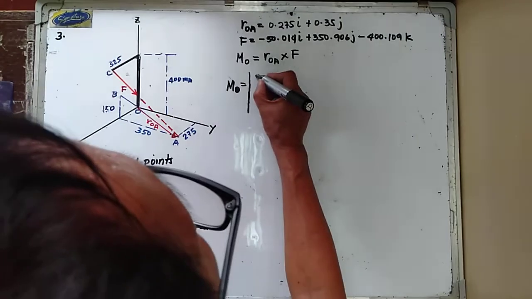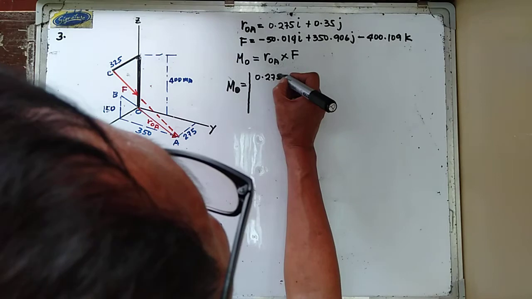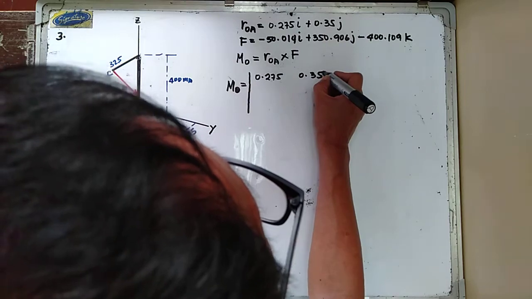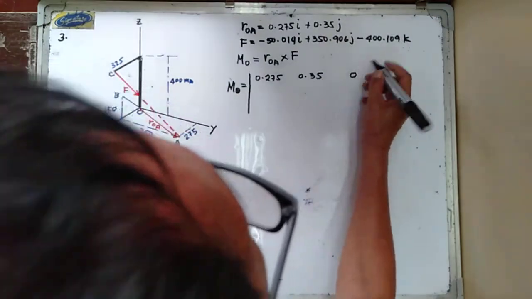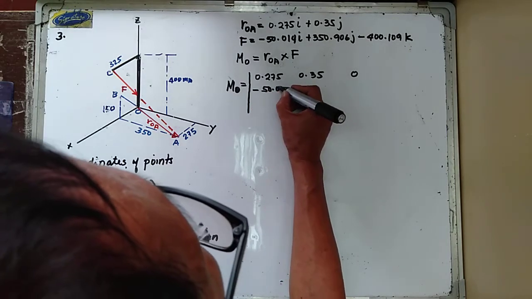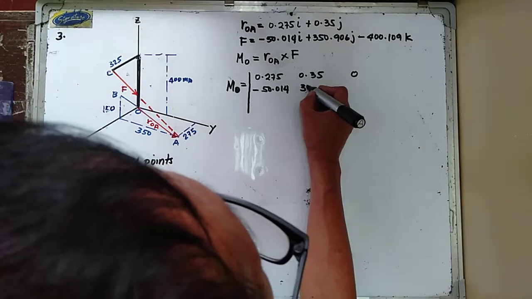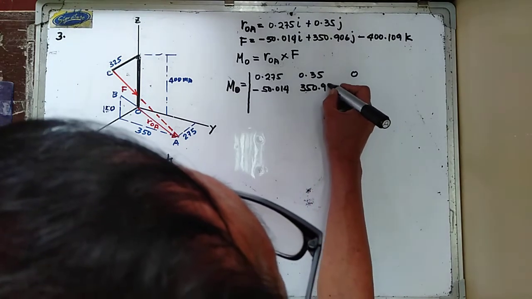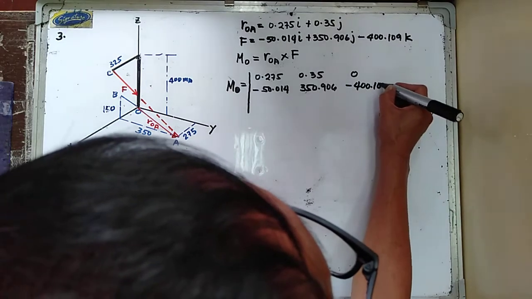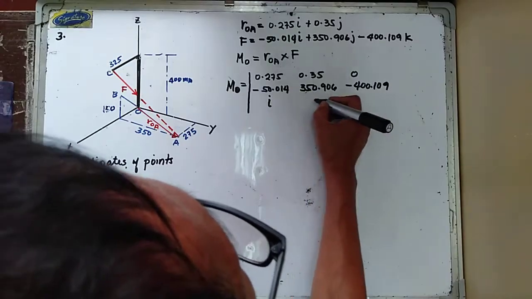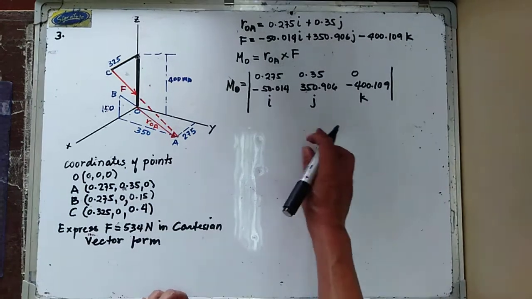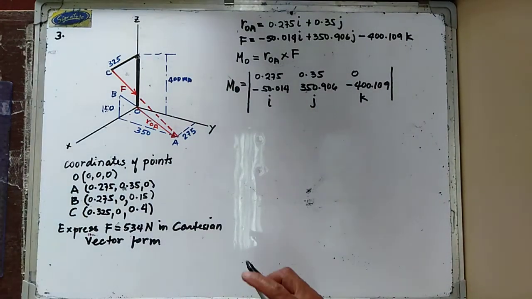We have 0.275, 0.35, and 0, then minus 50.014, 350.906 and negative 400.109. We now have i, j, and k, which are orthogonal unit vectors.